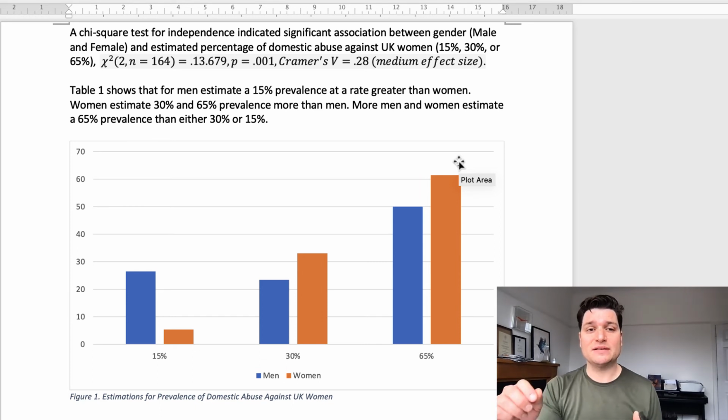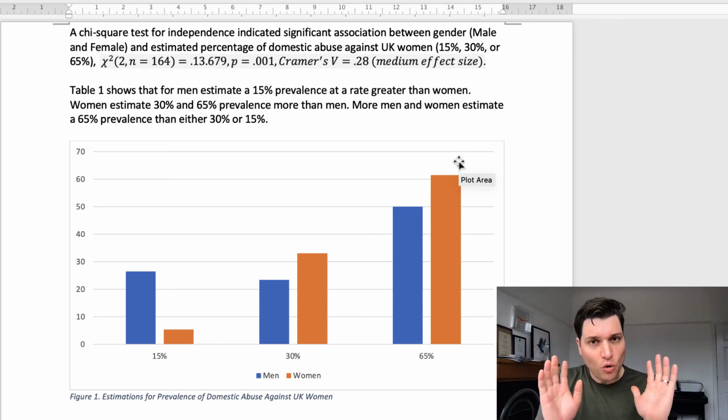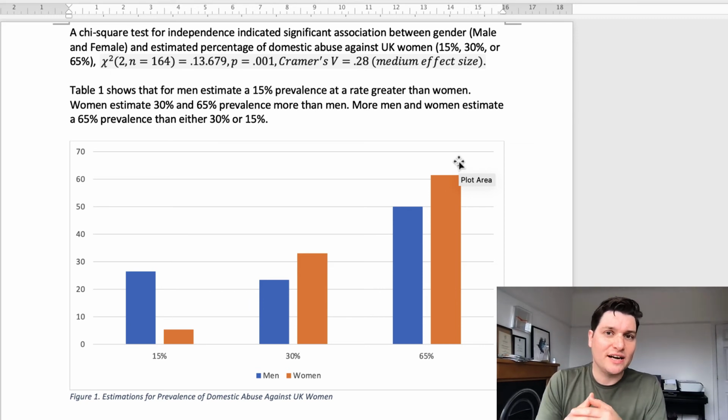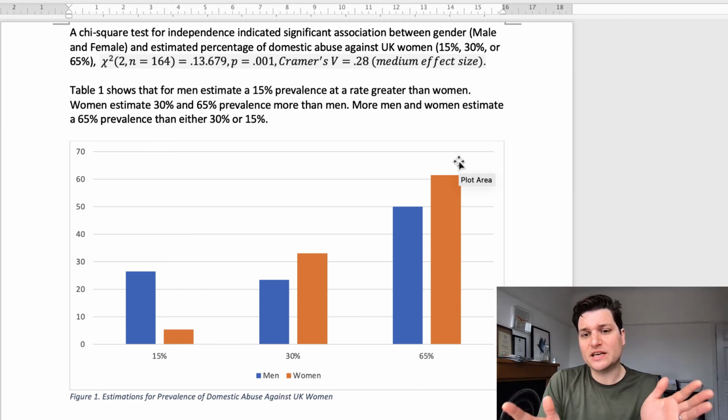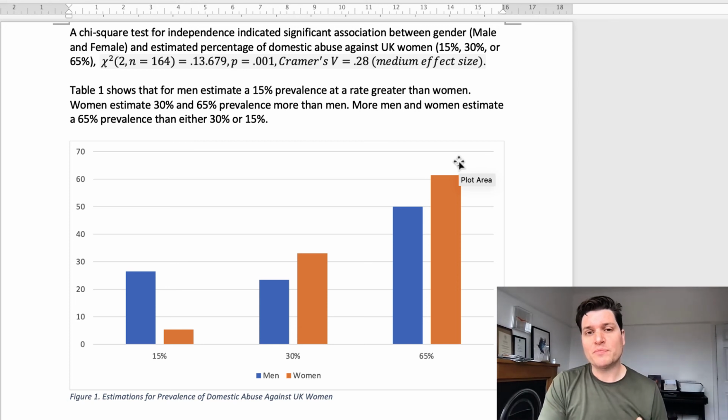Men and women estimate a 65% prevalence for either 30% or 15%. So that's just me doing a very quick understanding of that. You will be looking for different things in your research and picking out meaning for whatever. And you might actually have the stat saying how prevalent domestic abuse is in the UK. I don't know who's getting this right, who's getting it wrong, but this is a simple way of showing it out.